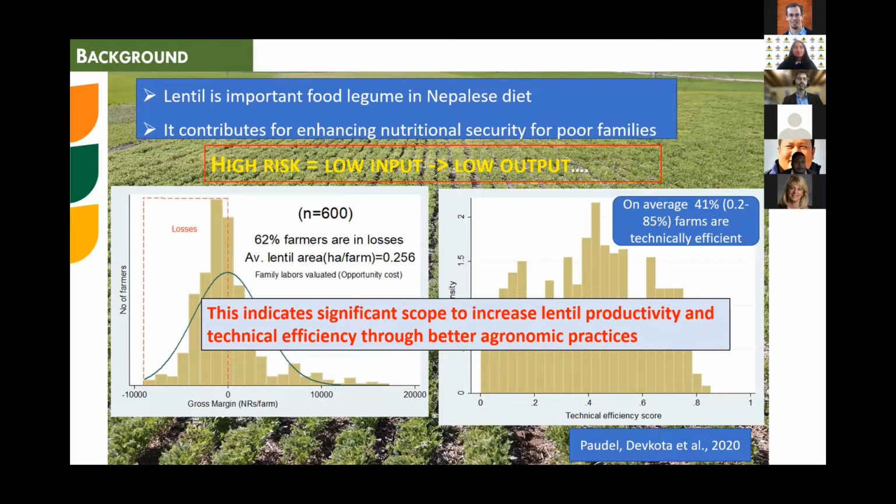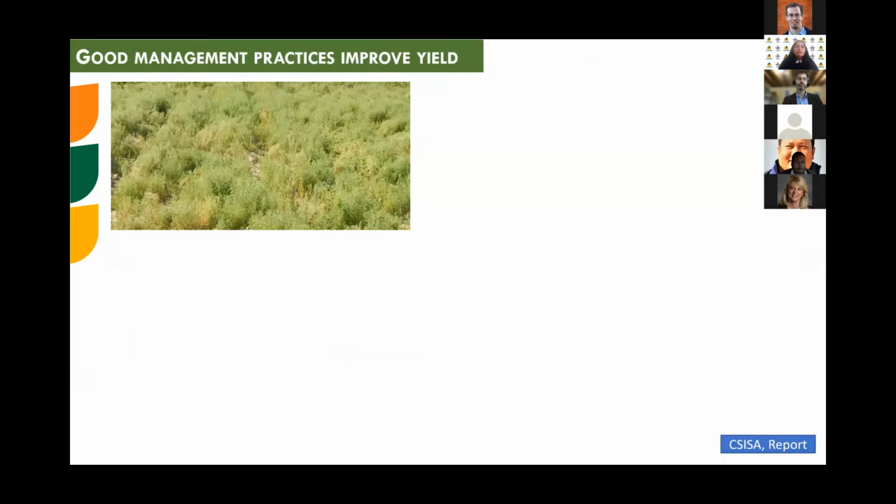This is a major challenge. And we know that good agronomic management is one of the major components to bridge the yield gap to get high productivity.